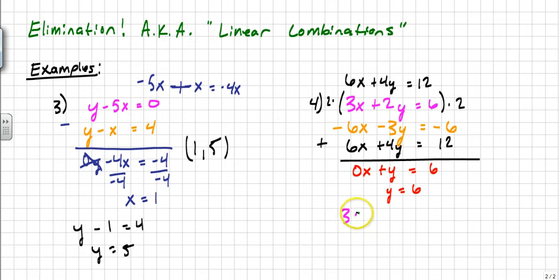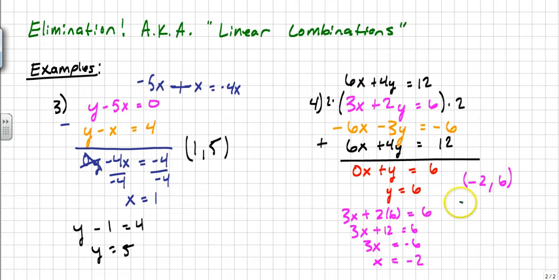So I get 3x plus 2 times 6 equals 6. So 3x plus 12 equals 6. Subtract 12 from both sides. I get 3x equals negative 6. Divide by 3, I get x equals negative 2. So my point that satisfies both of these equations is the point (-2, 6).